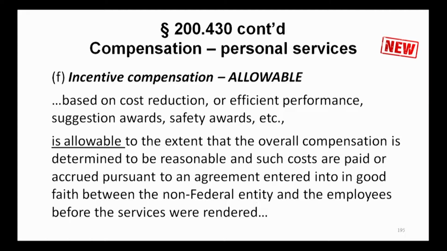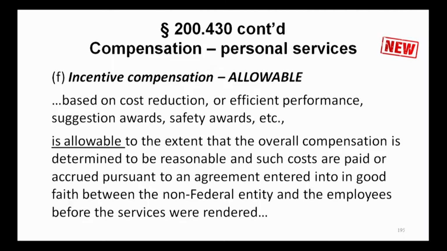So this addresses incentive compensation. It is an allowable cost. So just by the way, if anybody remembers, we always remember this, it was included in there for morale, employee morale. Everybody remember that? That's gone. It's been removed.